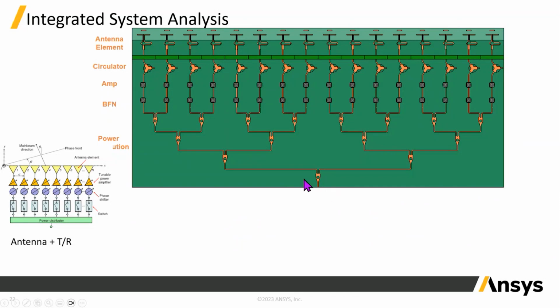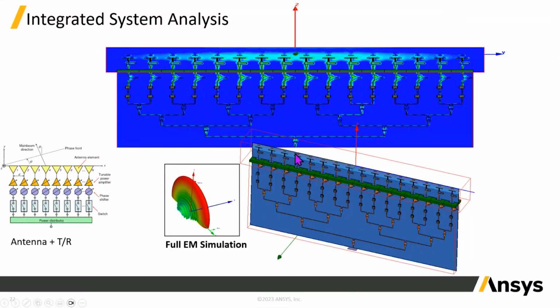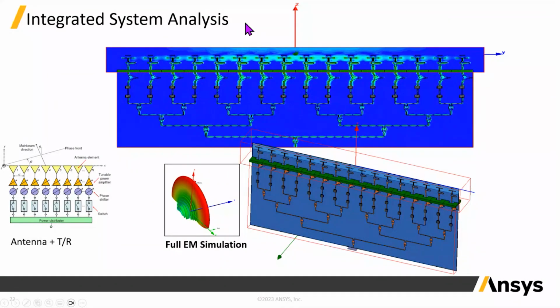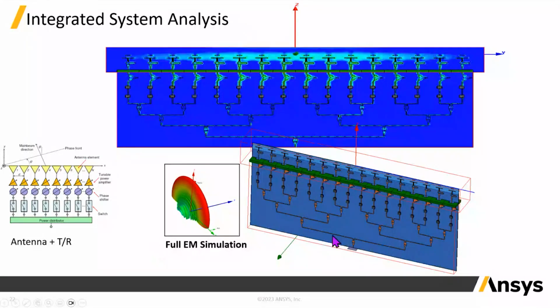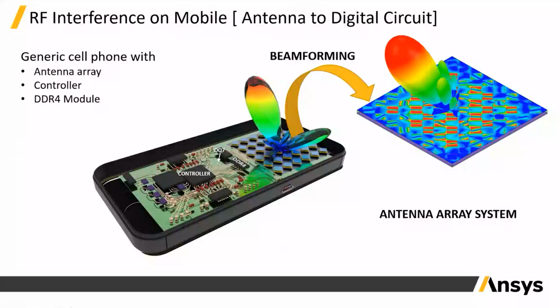If you take a simple antenna array, you will have a power divider, a beamforming network, amplifier, circulator, and multiple antennas. You can visualize how the signals are going to propagate, how the signals are going through the amplifier, phase shifter, circulator, and finally how it is going to radiate and what the radiation pattern is going to be. So you can virtualize everything and make the product very easy.